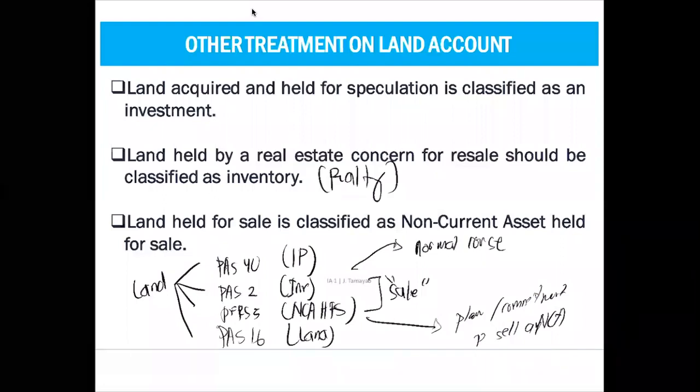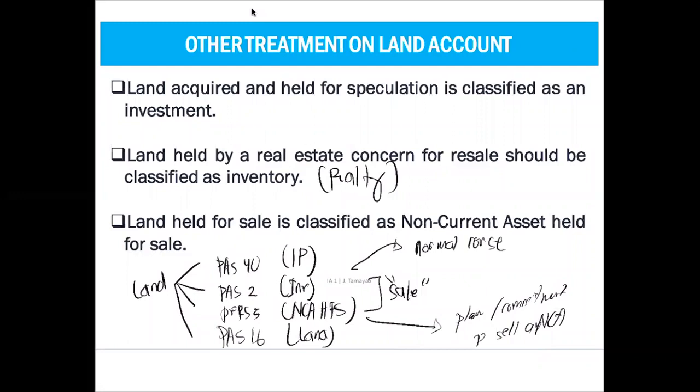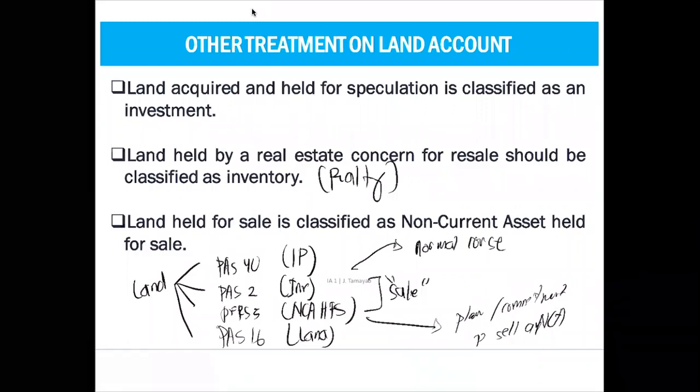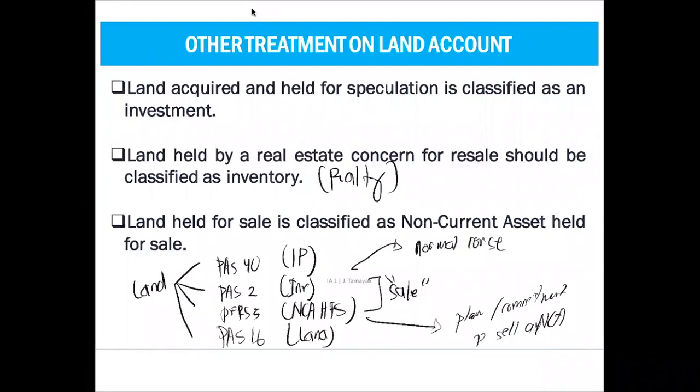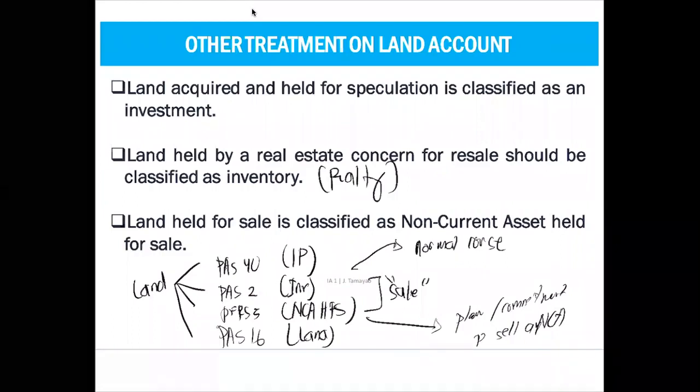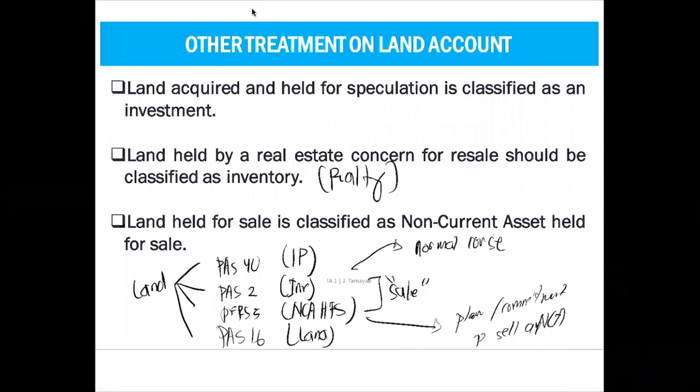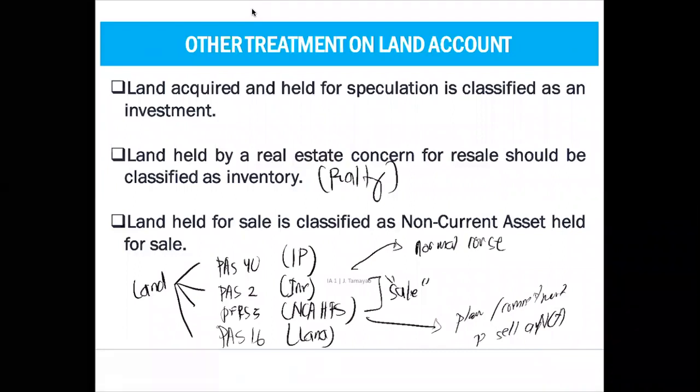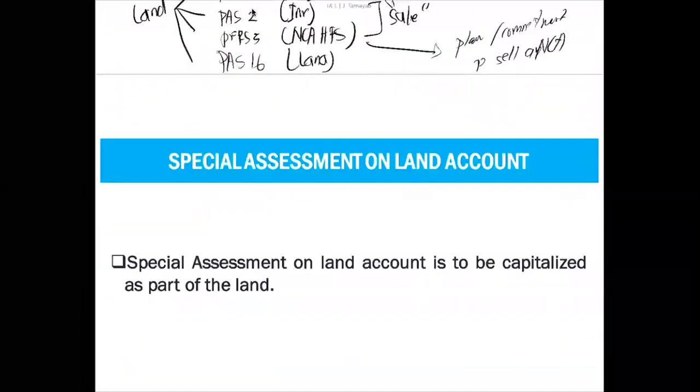Pero kasi sa atin, sa academic, dito sa academy muna, hindi natin tinitignan yung proper classifications ng mga property. Pwede pa sa theoretical, pero sa problem solving, hindi naman. Pero sa practice nyo, kailangan alam nyo kung kailan siya magiging investment property, inventory, non-current asset held for sale, at saka part of your land under PAS 16. Okay? So we have 4 treatments on land account.